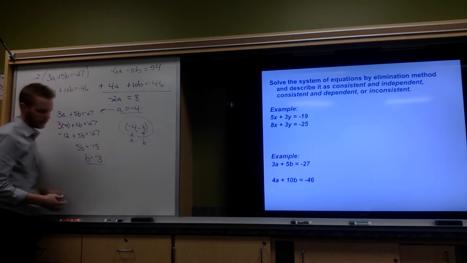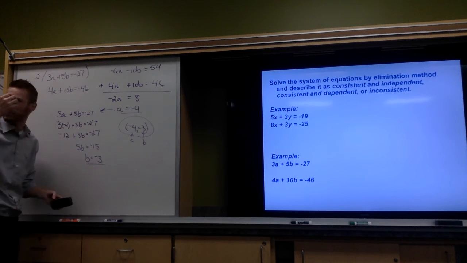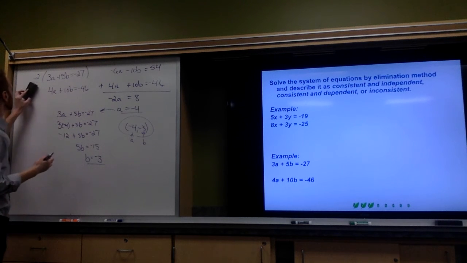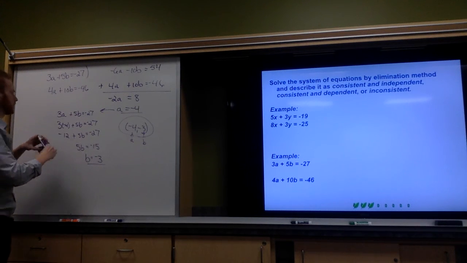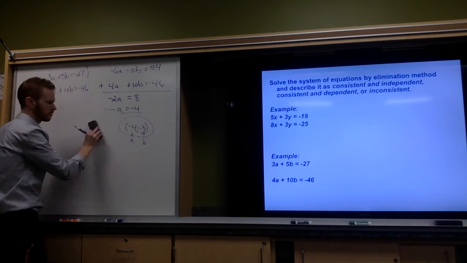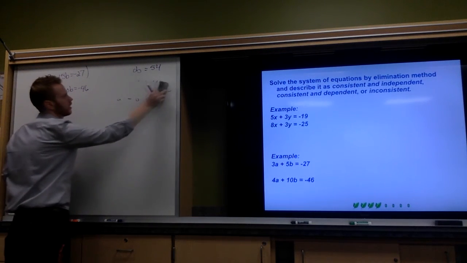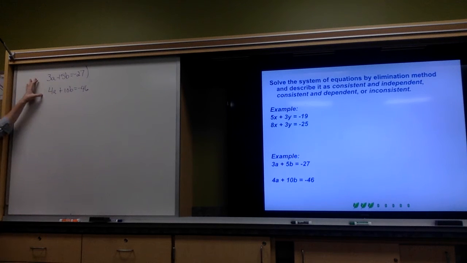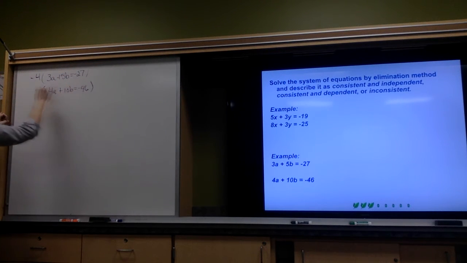Now, let me give you a quick for instance. I always like to add extra things to these videos. Why not? Let's get rid of that. This is all gone. Goodbye. So long. Farewell. Instead of the b's, let me get rid of the a's. Here's how I'm going to do that. If I multiply the top by a -4 and the bottom by 3, look what happens.